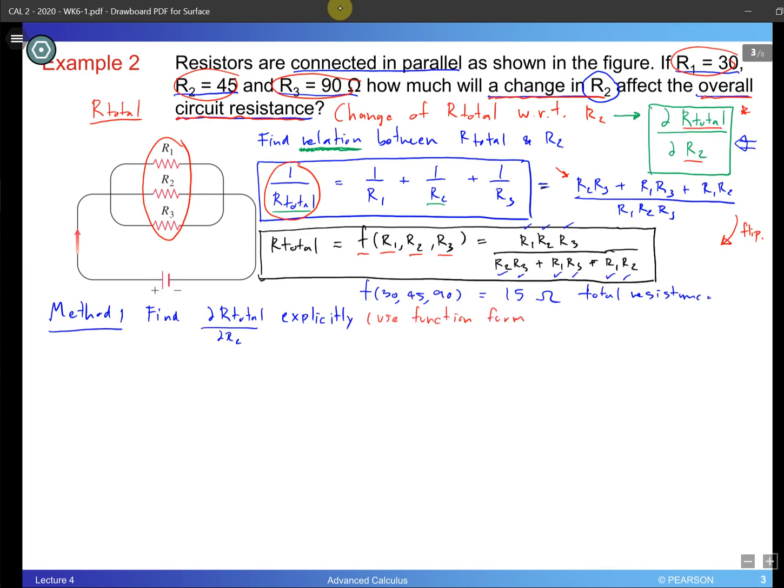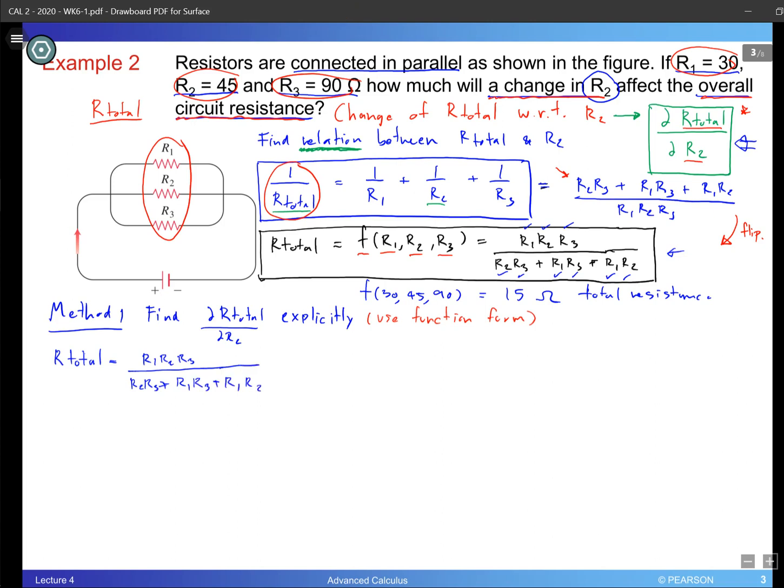Alright, so let's bring the function form right here. Here we have R total equal to, from up here, R1, R2, R3 divided by all these terms: R2, R3 plus R1, R3 plus R1, R2.